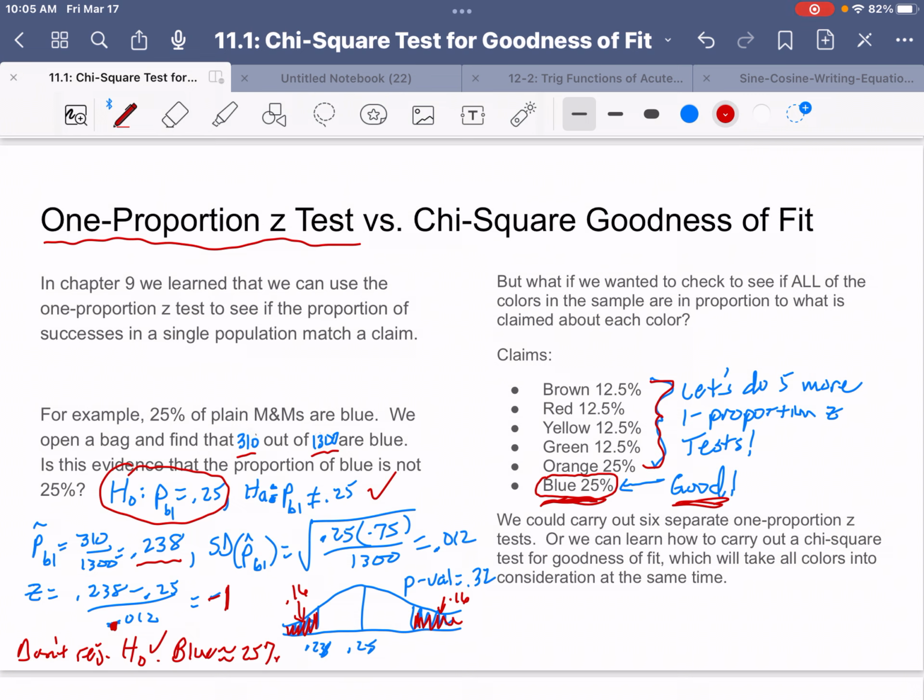That would be horrible, except with technology, it wouldn't be too bad. So what I'm trying to tell you is, instead of running a bunch of one proportion z-tests, there's a way that you can check multiple proportions against multiple claims all at the same time. And that's a chi-squared test for goodness of fit.